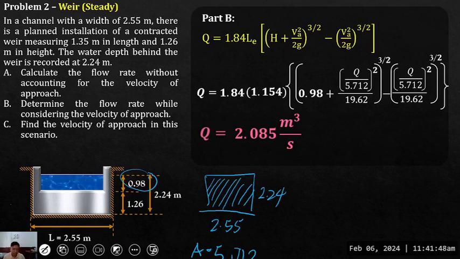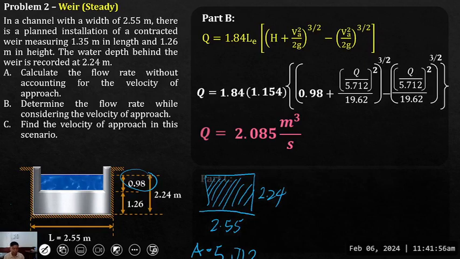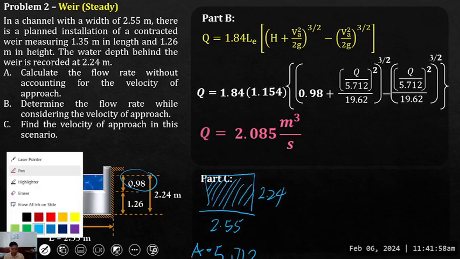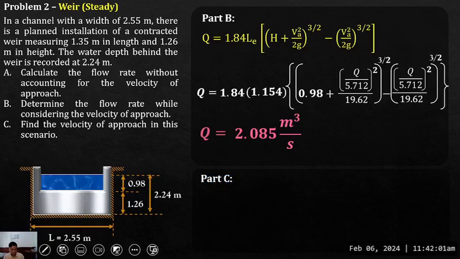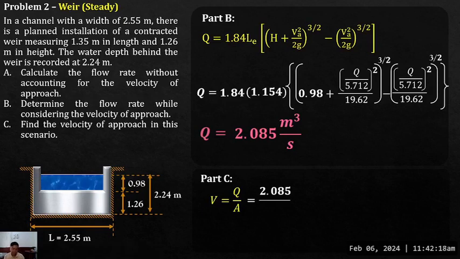And then letter C, find the velocity of approach in this scenario. Okay, so yung formula lang po is Q over area. May Q na po tayo, flow rate considering the velocity of approach, that is 2.085. Ano yung magiging area? So that would be 5.712 ulit, diba?